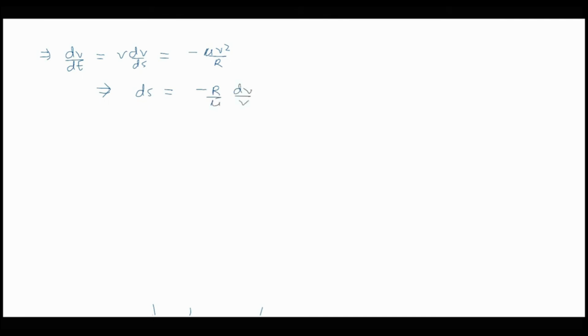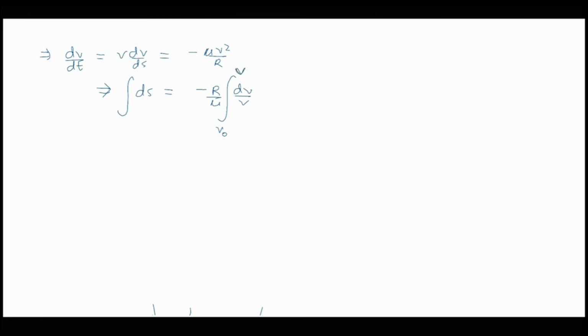The question is asking us about after one revolution, so we can put in the values and integrate this equation. At the initial position the velocity is v0, and after one revolution the velocity will become v.